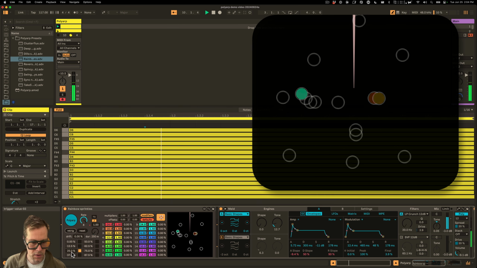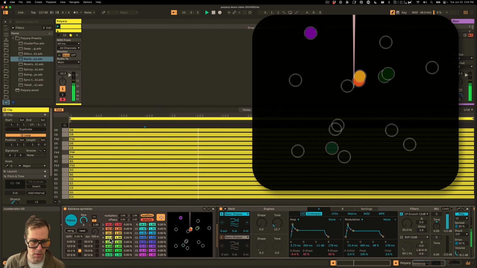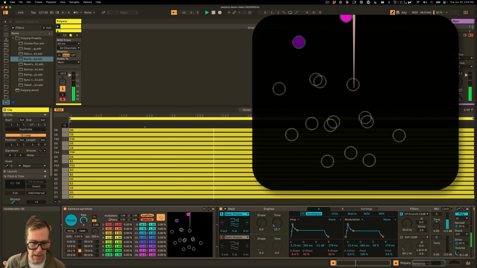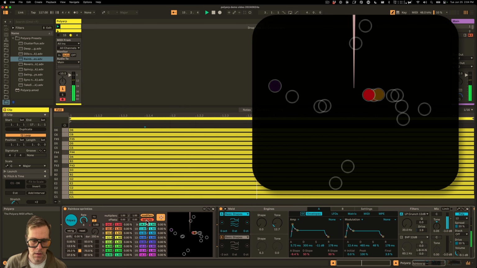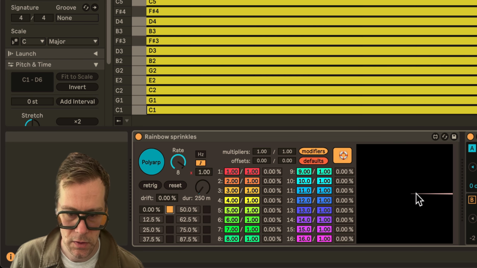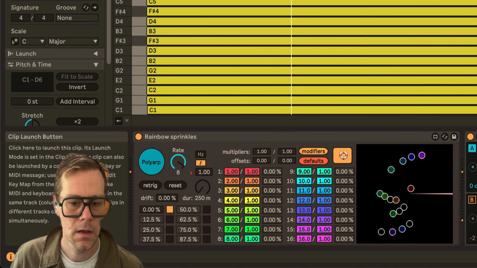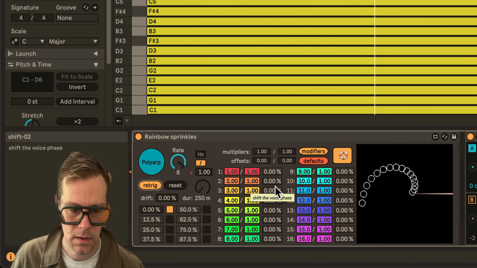So there's only one trigger here, which is at 25%, but some of these voices are moving backwards, and for them that's like -25%. Okay, let me go back to default settings, and I'll put one trigger at 0% here. And let's realign these voices.